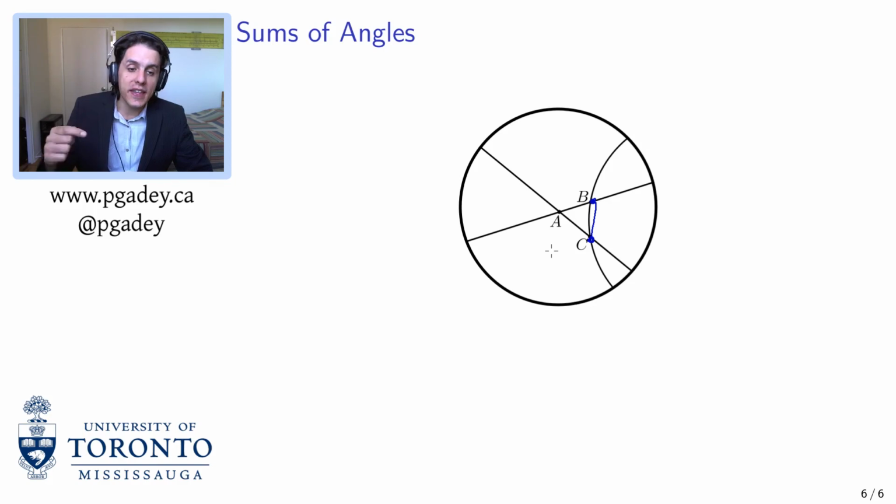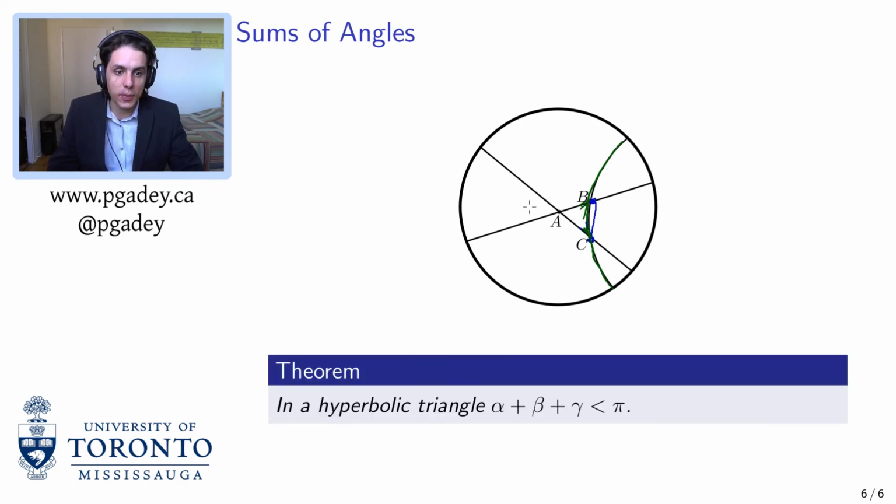And notice that the curved arc here, this hyperbolic line, is on the inside of that Euclidean straight line. So the angles at C and B are slightly smaller than their Euclidean counterparts. In a hyperbolic triangle, the sum of the three angles adds up to less than pi, which is quite different than what we'd expect in the Euclidean case.